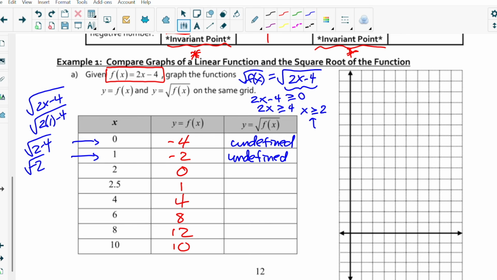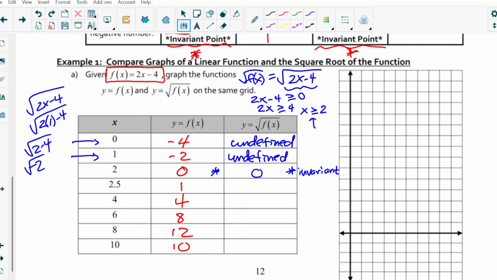How about when x is 2? When x is 2, 2 times 2 is 4, 4 minus 4 is 0, and I have 0, right? And I'm going to star this point because that is my first invariant point.